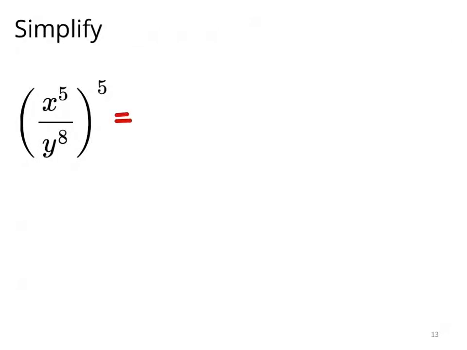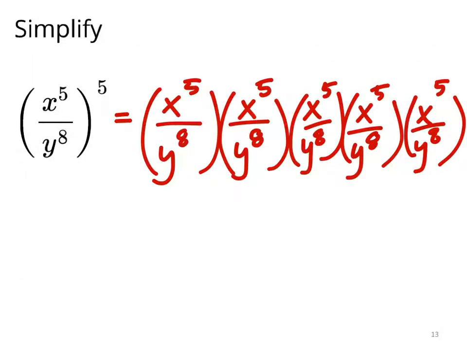So let's expand this then. I've got x to the power of 5 over y to the power of 8, 5 times. And we're multiplying all these together, and that means that it's really just fraction multiplication, which means that all I'm going to do is multiply all the numerators together and all the denominators together. Well, we see that it's repeated multiplication over and over and over.